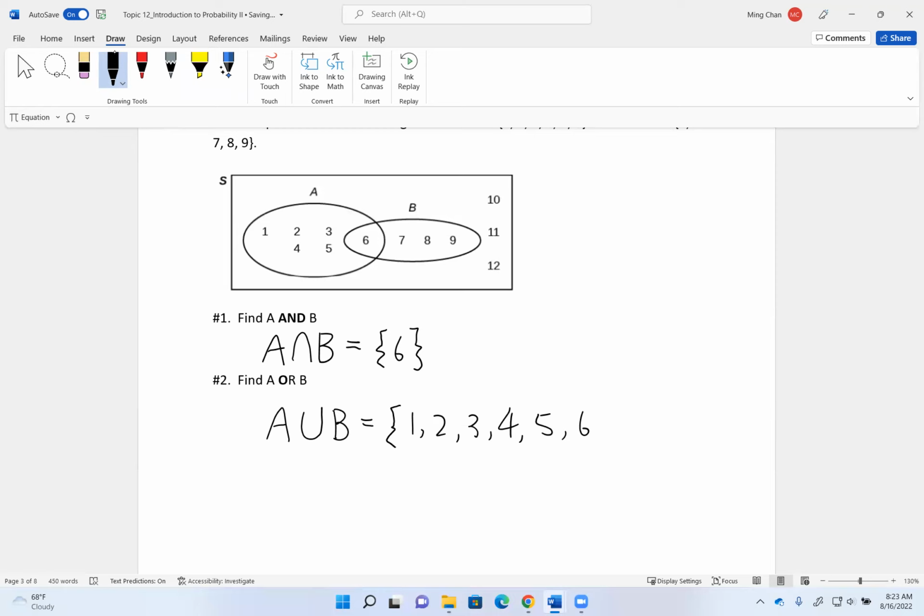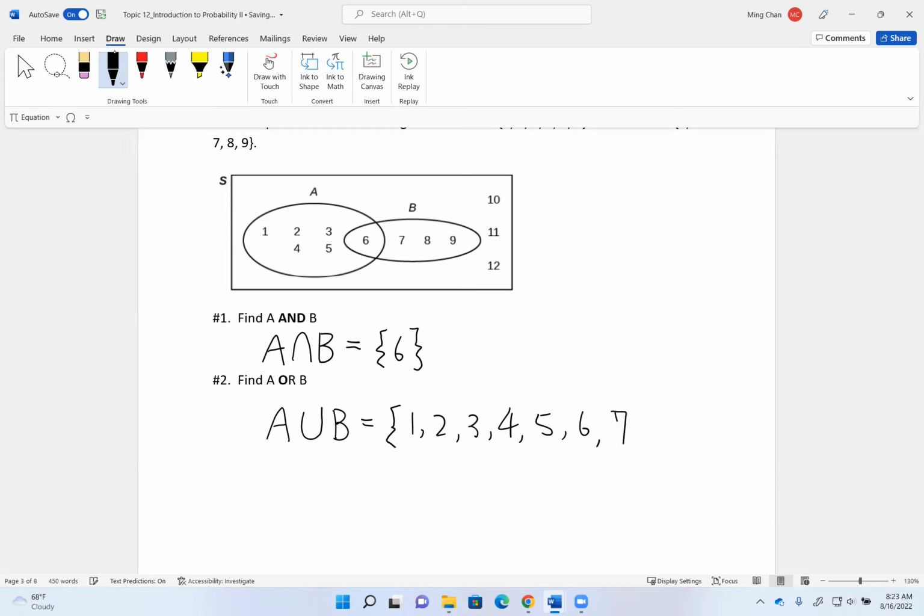it can be from B. So imagine an experiment where you will win if you draw something in A or draw something in B. So if I draw 1, 2, 3, 4, 5, 6, I win because all 6 numbers are in A. Or I will also win if I draw things out of 6, 7, 8, and 9 from B. So 6 is in both of them, so we don't have to write it twice.